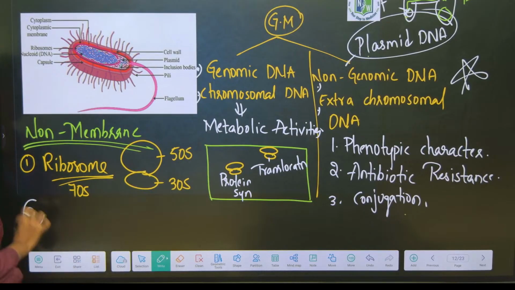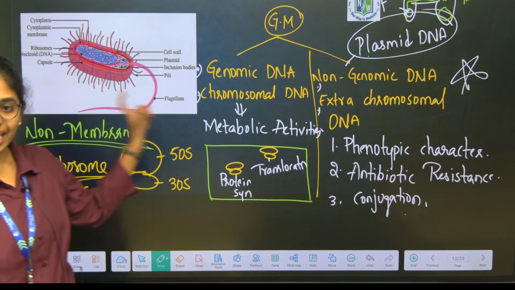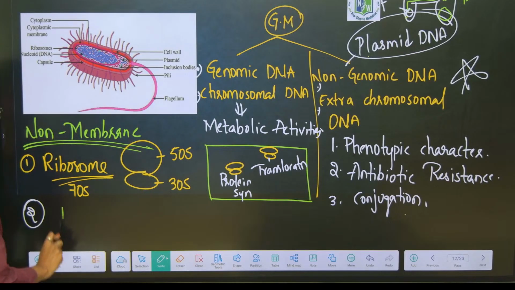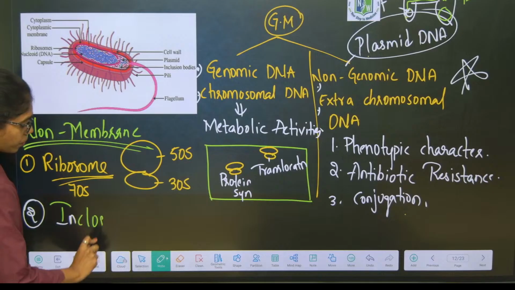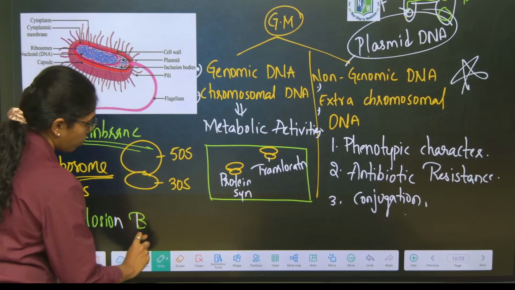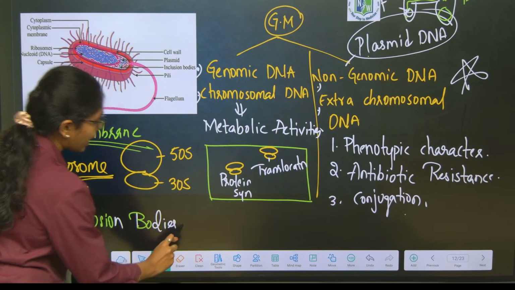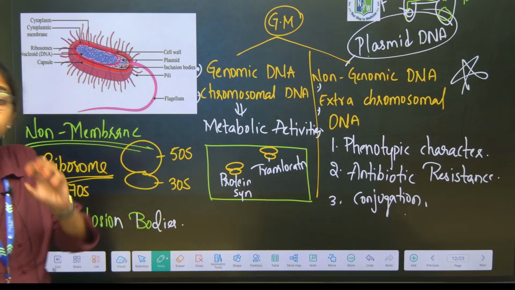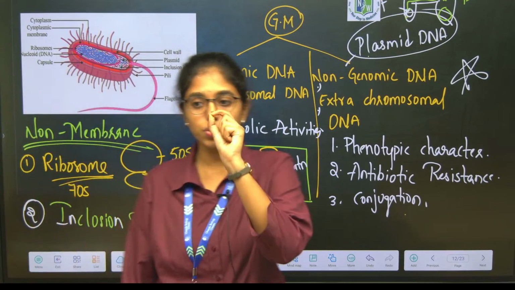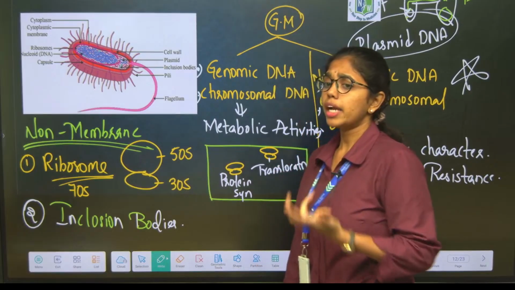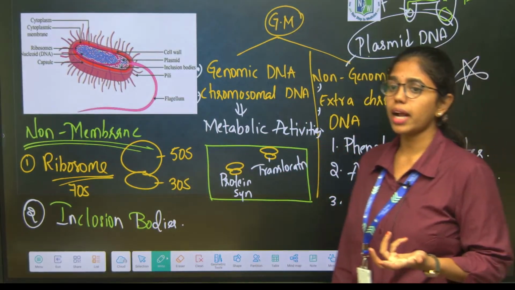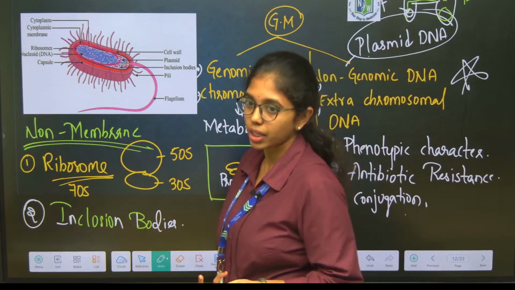The second non-membrane bound organelle that you observe inside the prokaryotic cell is inclusion bodies. What are inclusion bodies? Inclusion bodies are storage bodies present in the prokaryotic cell. Inclusion bodies can be phosphate granules, sulfate granules, cyanophycean granules.